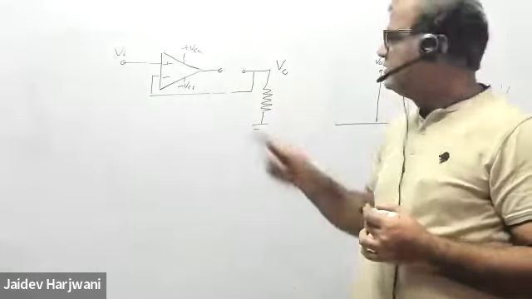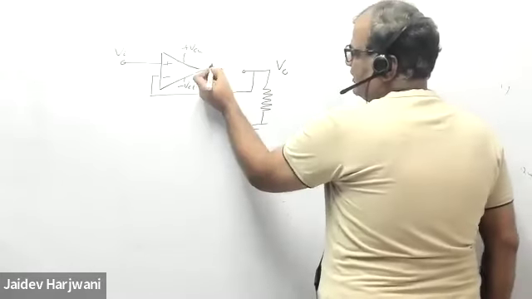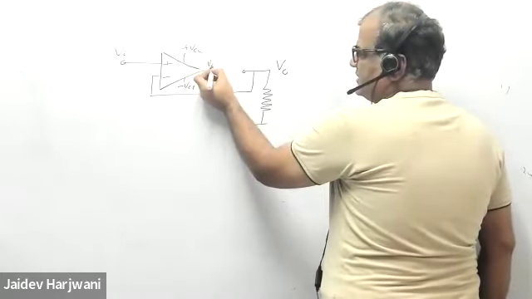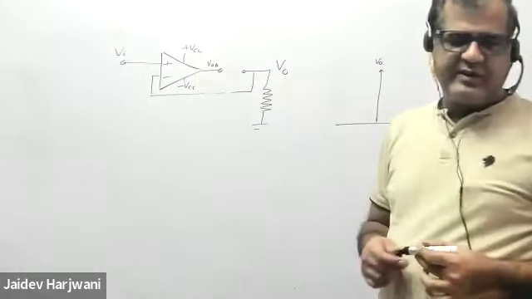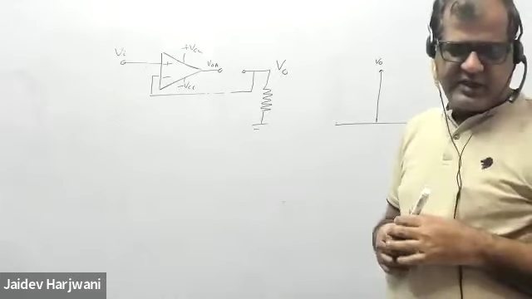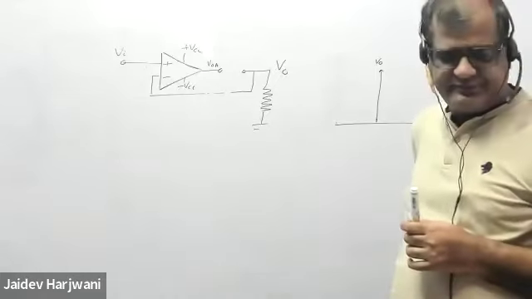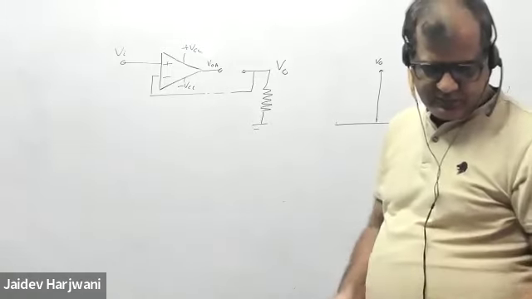Now if I open this one, what is the voltage at this terminal, the output of the op amp? Can anyone tell me what is the value here? Is it VCC?